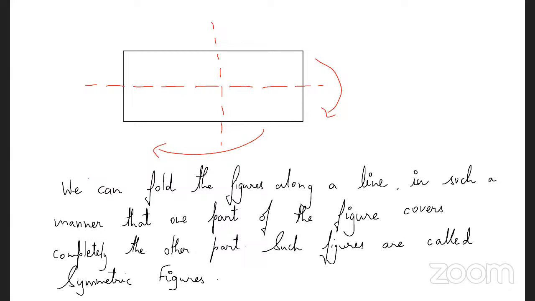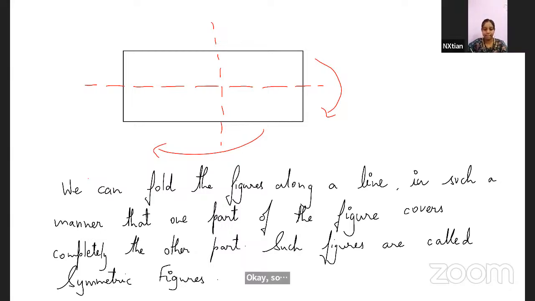Okay, so this is what symmetrical figures are. Yes, that is for a square. It can be folded. The line can be drawn from side to side as well. That's right, Abraham.